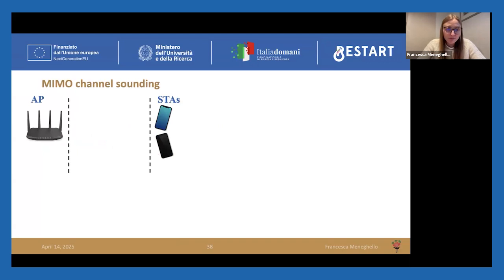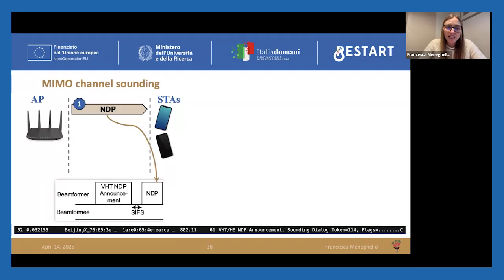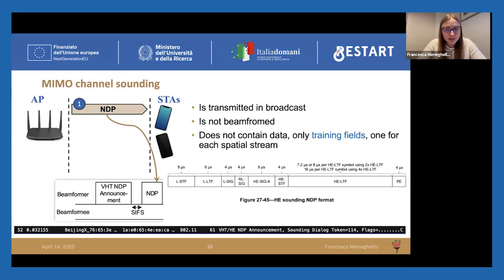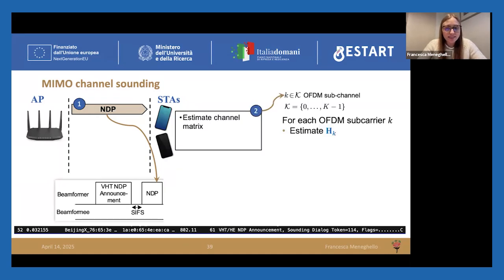So channel sounding is implemented in Wi-Fi networks through a procedure that is triggered by the access point that transmits a null data packet, that is a packet that does not contain any data, but only contains some training fields that are symbols that are known by the receivers. And so the receivers can use these known symbols in order to estimate the channel.